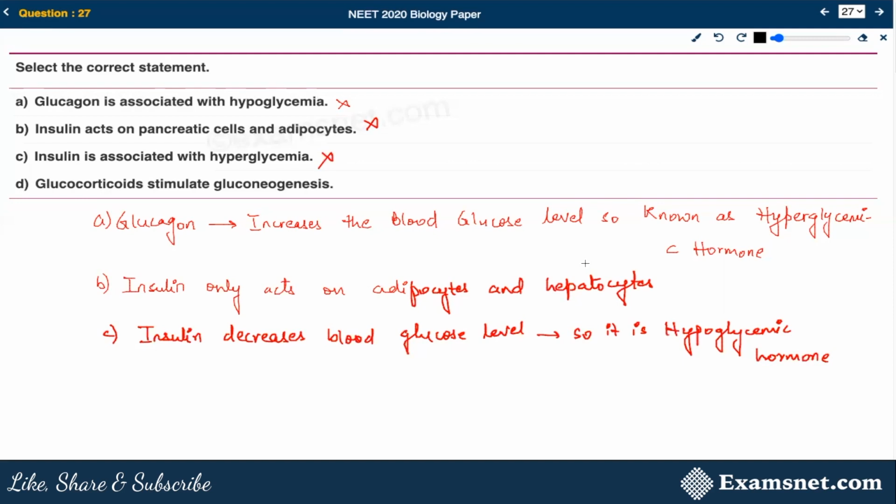Then only the last statement is left. It says that glucocorticoids stimulate gluconeogenesis. So again, this is a correct statement, because since glucocorticoids promote the process of gluconeogenesis, that means they will increase the blood glucose level or blood sugar level.